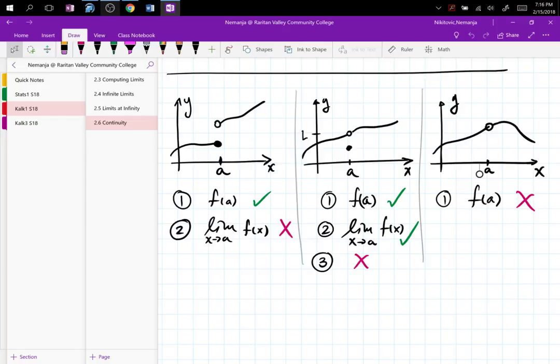Now, this part over here would be called a removable discontinuity, and you can think of a bridge that's missing a section, and there is a section somewhere else that you can plug in eventually and make it continuous, because I hope you all like to drive over continuous bridges.